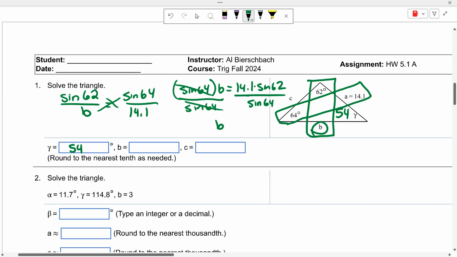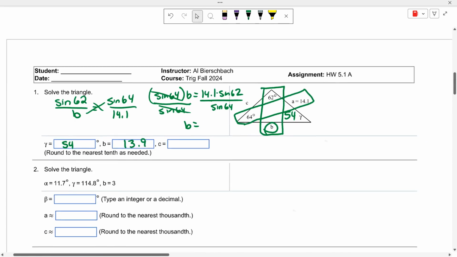They cancel, so B equals 14.1 times the sine of 62, press equals, divided by the sine of 64, press equals, and what do you get? 13.9, rounded to the nearest tenth. Okay? All right. Then we need to figure out C.